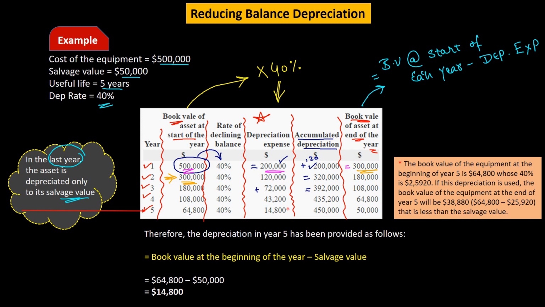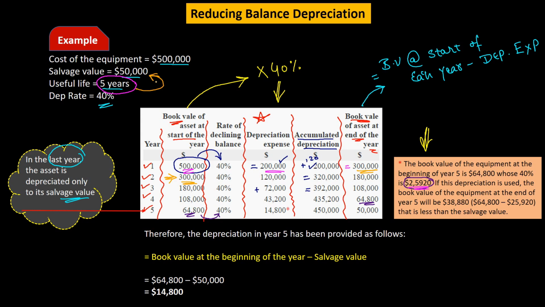For example, let's say in the final year we have book value of the asset at the start of year, which is 64800, and if we multiply it with 40%, then we will have 25920. So if we use this amount for our depreciation, then that means at the end of year 5 our book value of the asset will not be equal to its residual value, but it must be equal to its residual value.